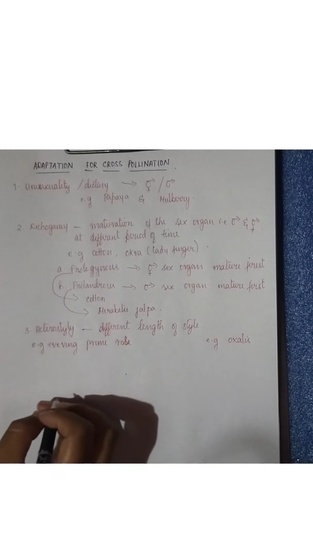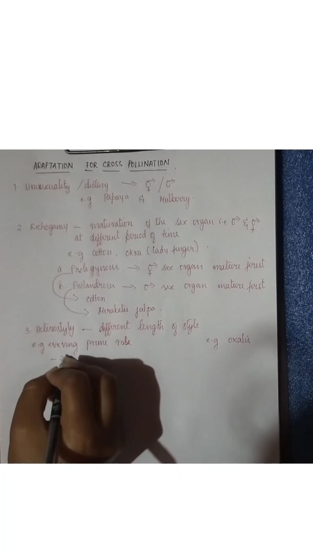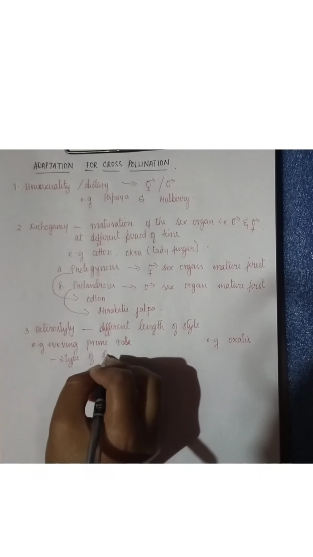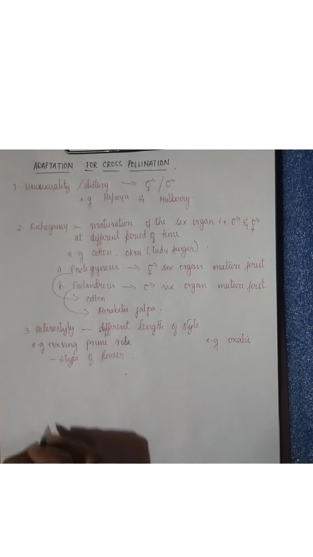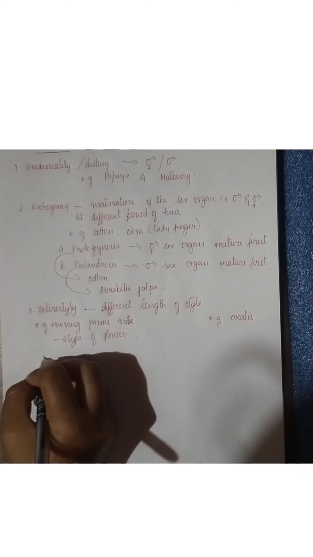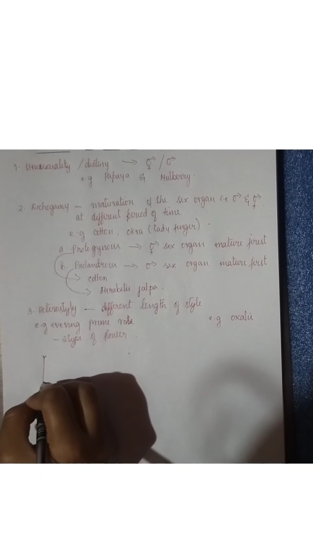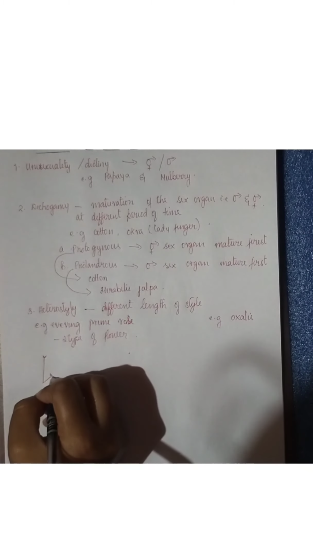In evening primrose, there are two types of flower. Number one, we'll draw here. This is the gynoecium. Here, the androecium is short.